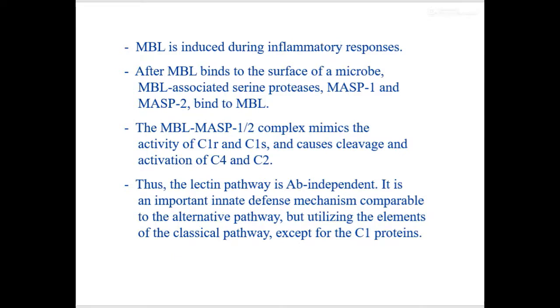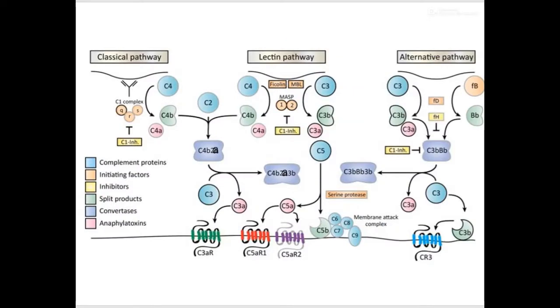I'm just taking the slide which you have seen previously. So you have the microbe which has a mannose residue. Onto that MBL, the mannose binding lectin, gets bound, and another component called ficolin also comes and binds, and associated with that MASP1 and MASP2 come and bind.